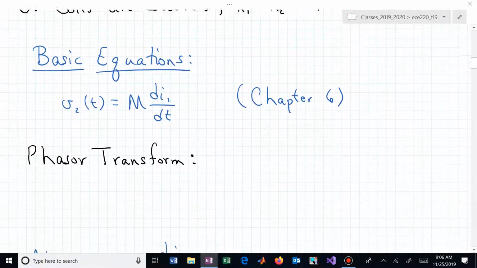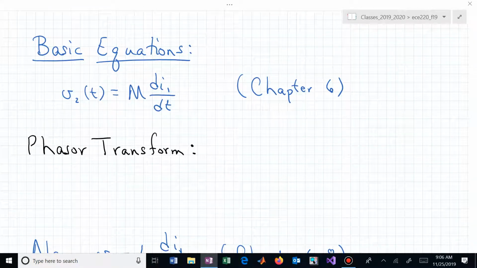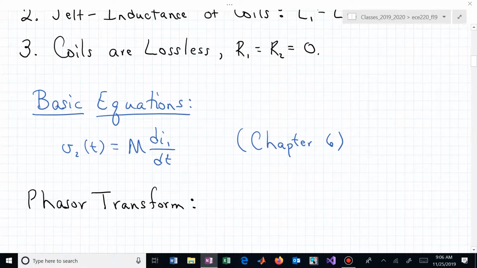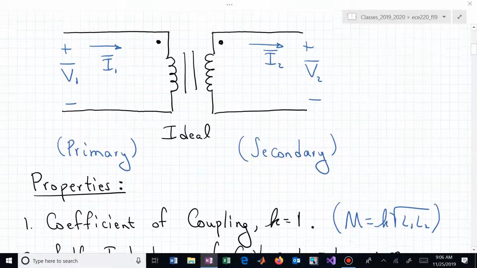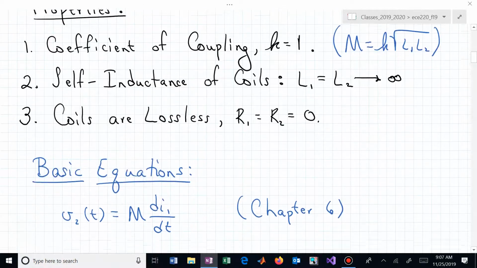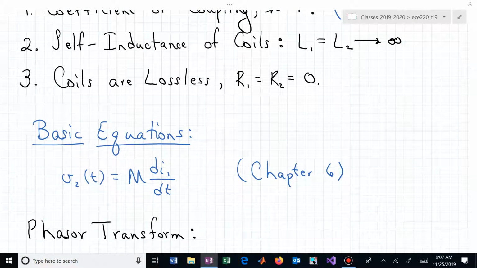Let's look at some basic equations. We can play with this. If you go back to our diagram, this is what we're now referring to. And in the time domain, the voltage on the secondary, if those terminals are open, what will you see across the secondary coils? It will be a voltage induced by the primary side, or v2 is equal to M di1/dt.